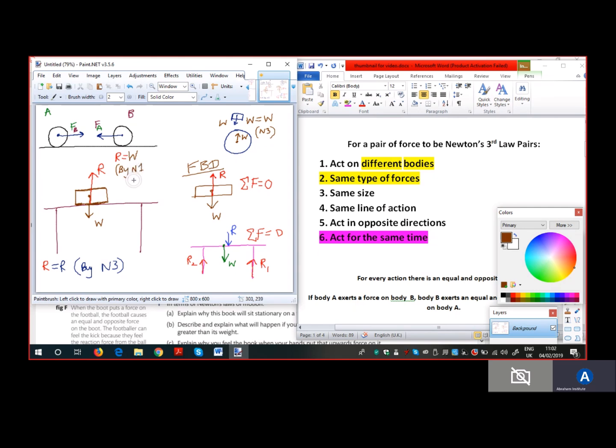Or we can also explain it in terms of Newton's second law, by N2. If you say by Newton's first law, you can see the book is stationary. It is in equilibrium, because the resultant force on the book is 0. So this is for the book.